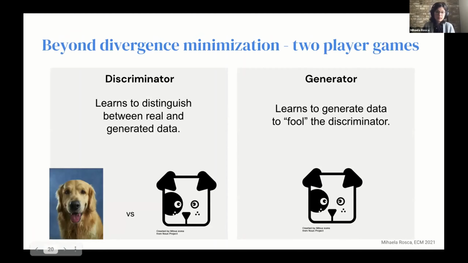But most recently, especially in the field of generative modeling using neural networks, there have been some new approaches, such as using two-player games to learn distributions. I find this idea quite intuitive. Instead of using a divergence or distance directly as our loss function, we will have a neural network, what we call a discriminator, that learns to distinguish between real data and data generated by the model.